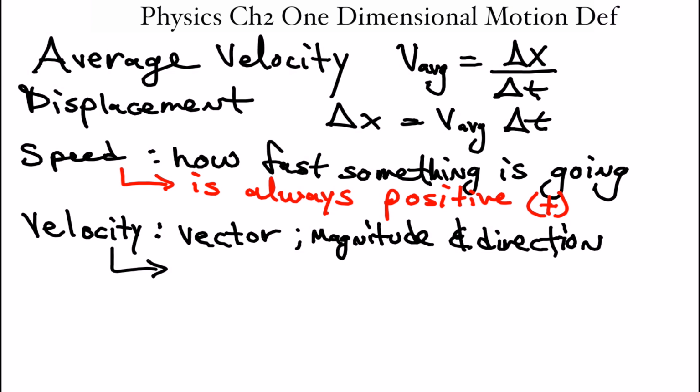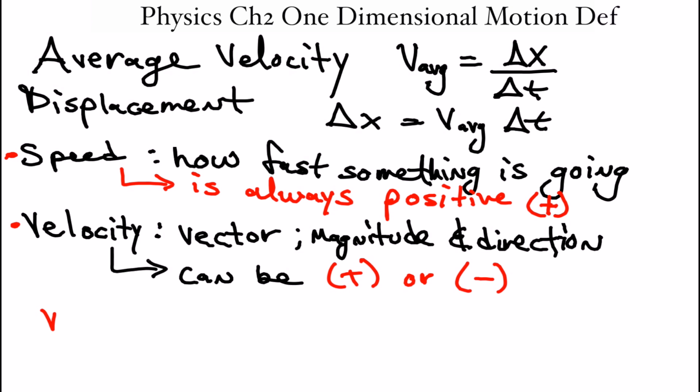This means that velocity can be, and I'll change colors, positive or negative. That's the main distinction between speed and velocity. Speed is just how fast something is going, and it's always positive. And velocity is a vector. It can be positive or negative, so it has a magnitude and direction.